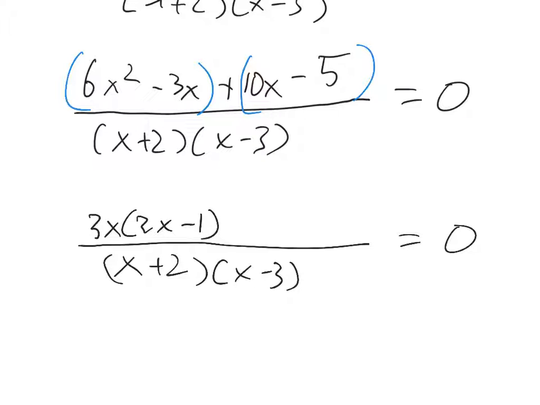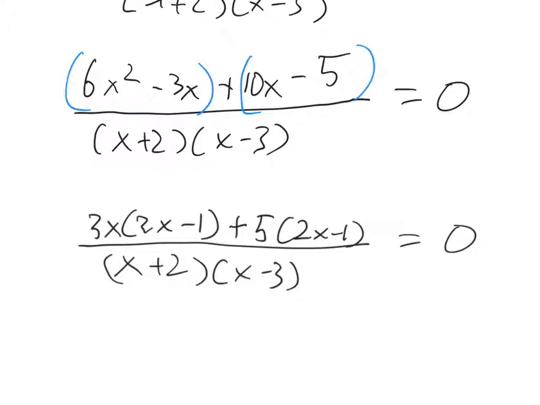All I've done is I factored out 3x from the 6x squared and from the negative 3x. And then in the second set, we're able to factor out a 5 in both. So this gets us 5 times 2x minus 1.